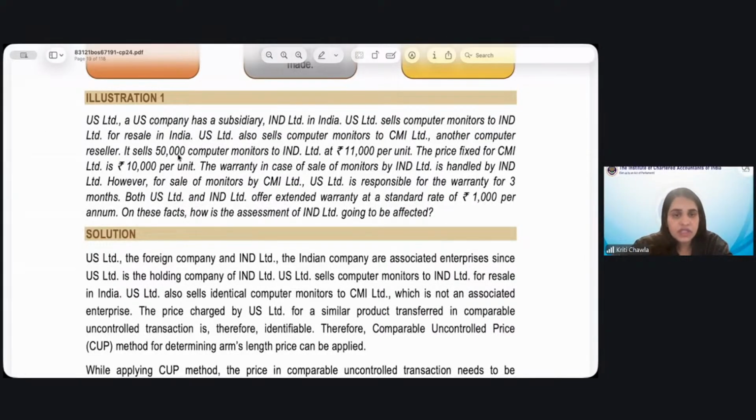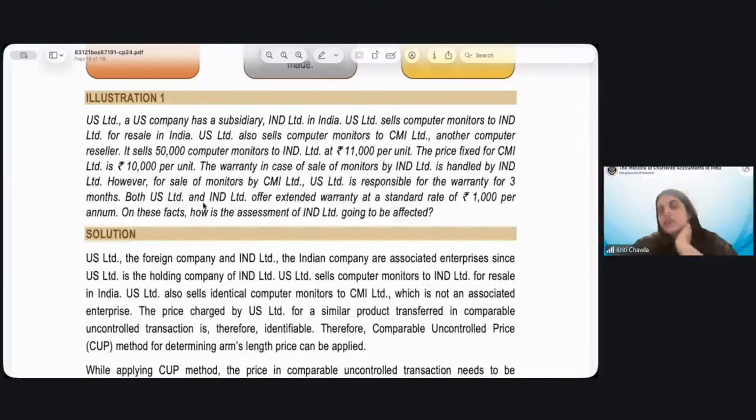Now it sells 50,000 computer monitors to IND Limited at 11,000 per unit, and the price fixed for CMI Limited is 10,000 per unit. The warranty in case of sale of monitors by IND Limited is handled by IND Limited. However, for sale of monitors by CMI Limited, US Limited is responsible for the warranty for 3 months. Both US Limited and IND Limited offer extended warranty at the standard rate of 1,000 per annum.